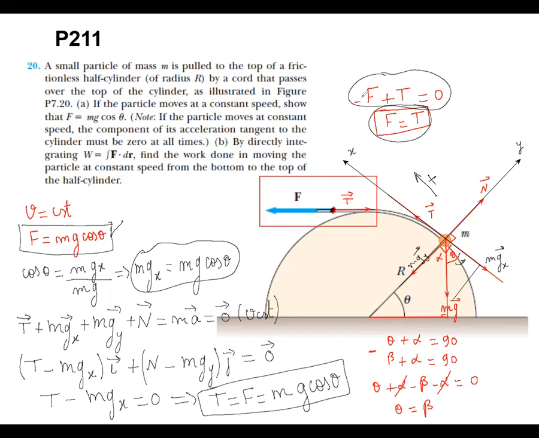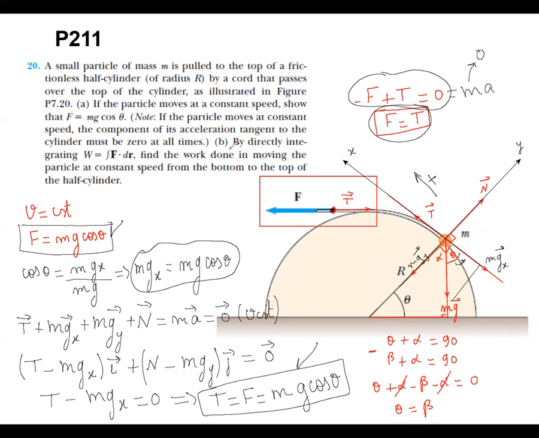So minus F plus T equals 0, because it equals ma and we don't have a mass for the cord. The cord is without mass. Also, because we have a constant velocity, a equals 0. So F equals T.